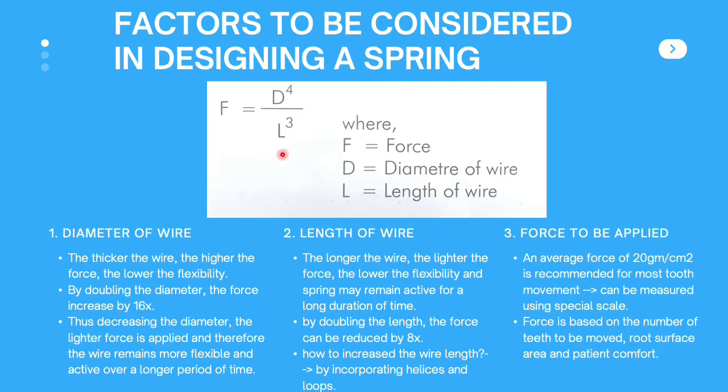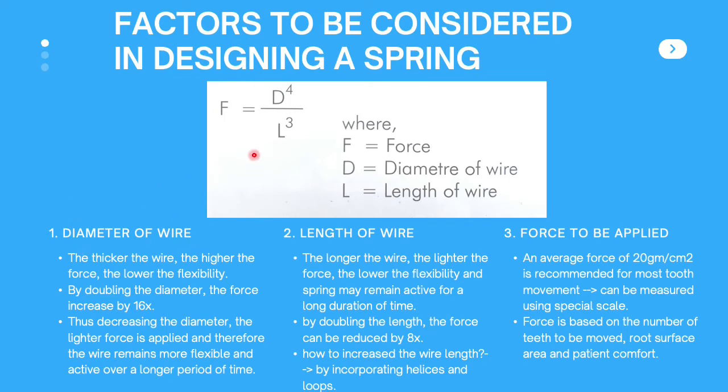Have a look at this equation. What you need to understand is that force is directly proportionate to the diameter of wire, but inversely proportionate to the length of wire. So now let us focus on the diameter of wire.